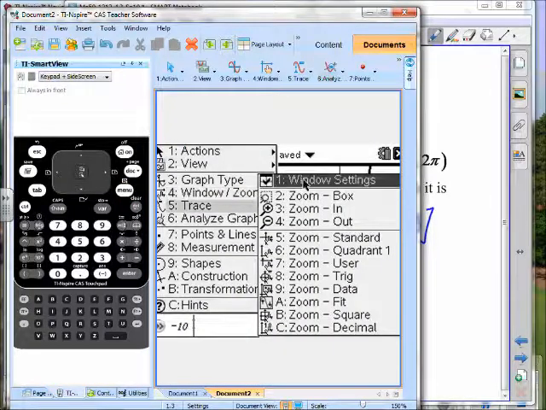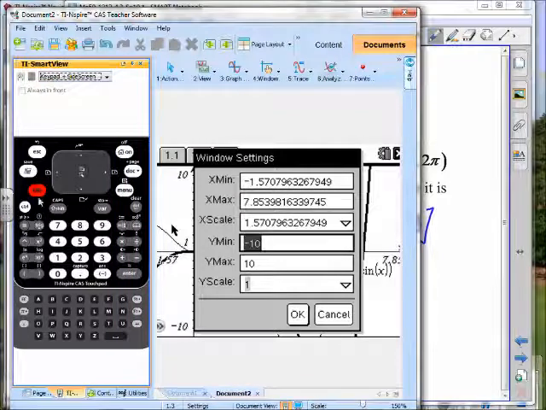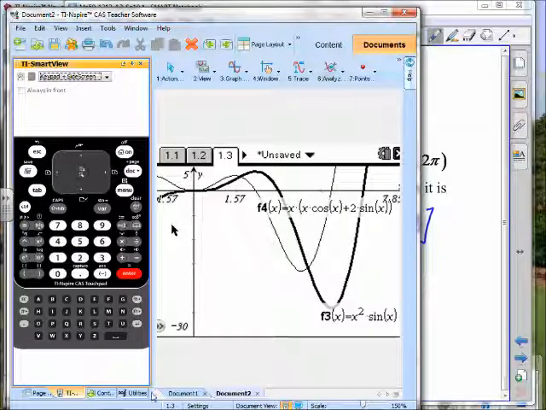So I'm going to take that hint and make mine negative 30 to make it a nice even number, and probably move the maximum up to 5 since I don't need quite so much, and scale it by 5. Let's see if that works. Yeah, it looks a little better.